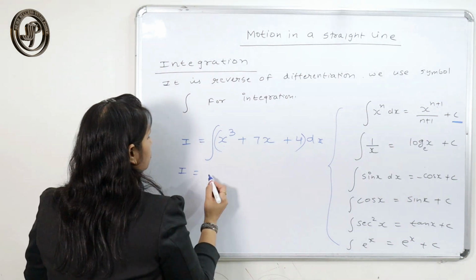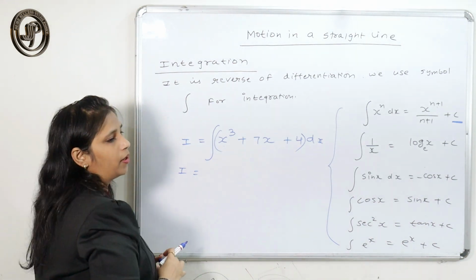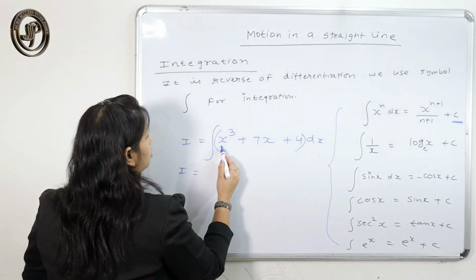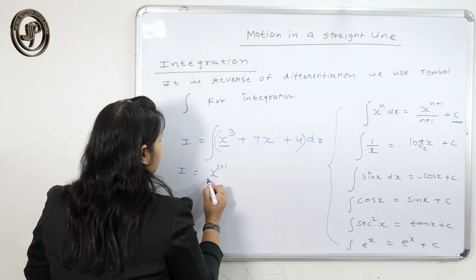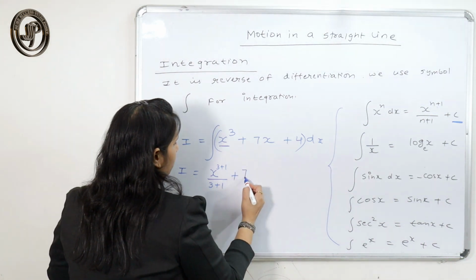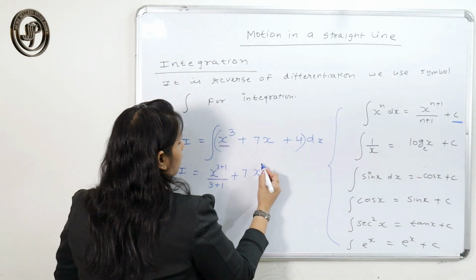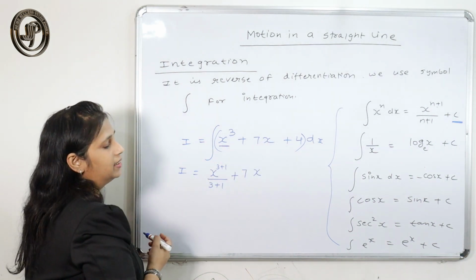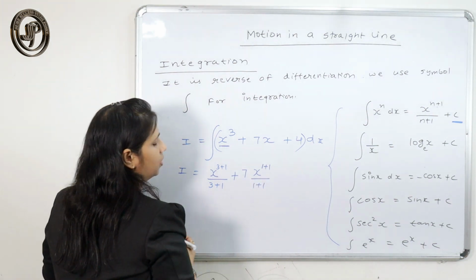I have to do the integral with each term separately. For this term it will be x raised to power 3 plus 1 upon 3 plus 1. Plus 7 times, for this term the power n is 1, so it is x raised to 1 plus 1 upon 1 plus 1.